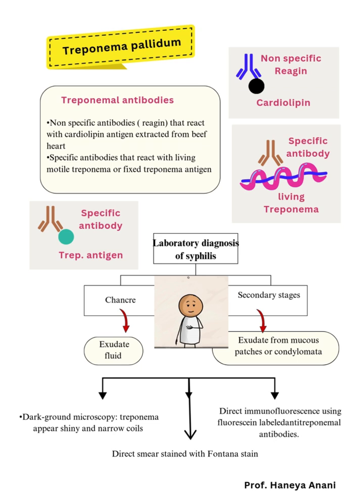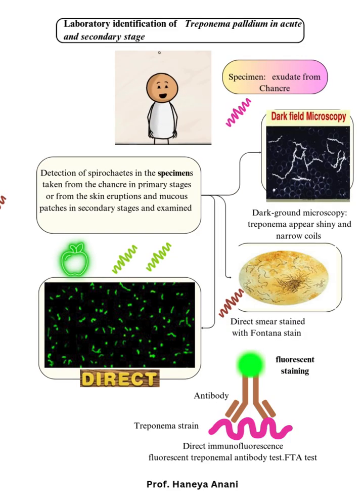Laboratory diagnosis of syphilis. Non-specific antibodies, reagin, react with cardiolipin antigen, extracted from beef heart. Specific antibodies react with living motile treponema, or fixed treponema antigen. Laboratory identification of Treponema pallidum in primary and secondary stage: detection of spirochetes in specimens taken from the chancre in primary stage, or from the skin eruptions and mucus patches in secondary stage, examined by dark ground microscopy.